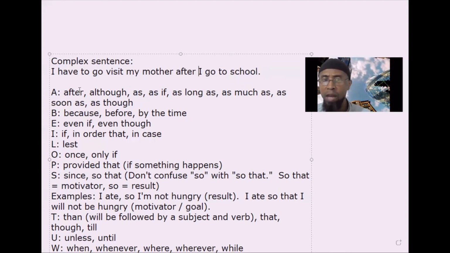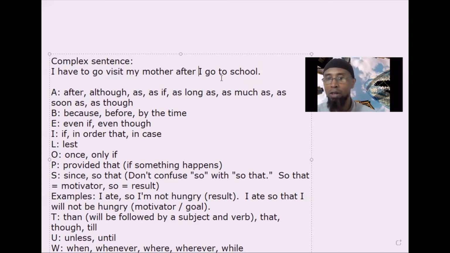Like I told you, the main thing that you have to focus on is the meaning, because if you don't know the meaning, maybe the sentence will be correct and maybe it won't, because it may not make sense the way you connected the two together. All right, because as you know, it's the reason. So if I say I have to go visit my mother because I go to school, well, it's because I'm going to school, now I have to visit my mother.